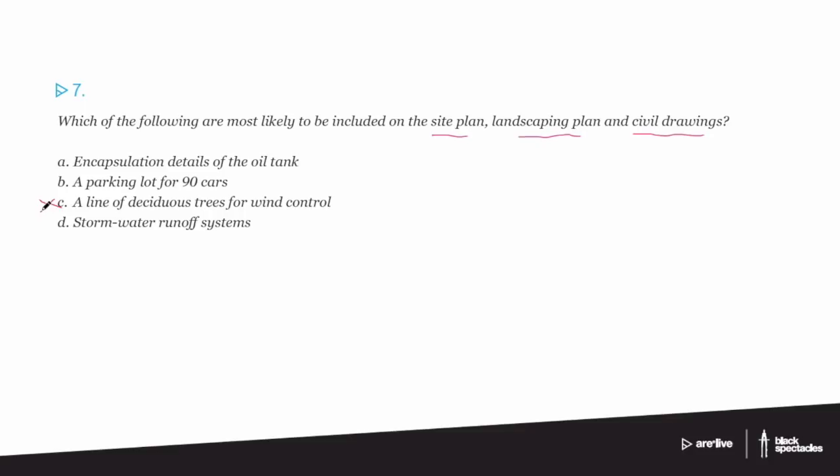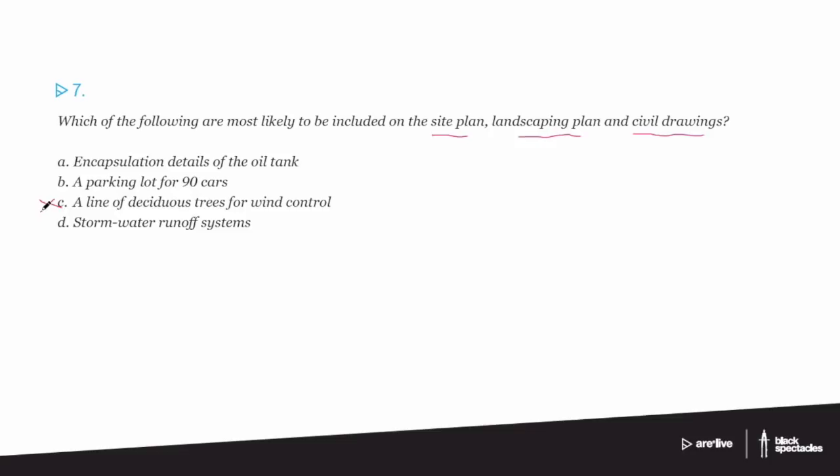Deciduous trees, which get their leaves during the spring and keep them all through the summer and then lose them in the fall, are no good for wind control, but are great for shading, because when do you want the shade? In the middle of summer, and that's when they have the leaves. So useful for shading are the deciduous trees, useful for wind control are the coniferous trees.